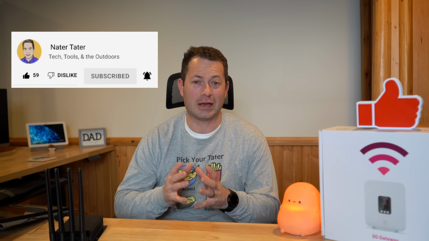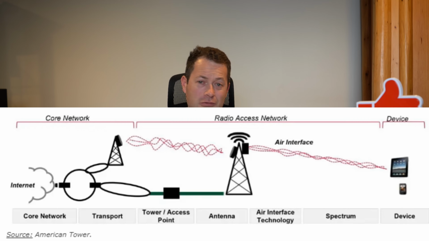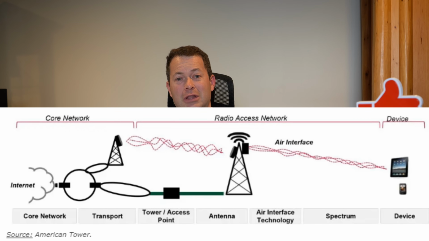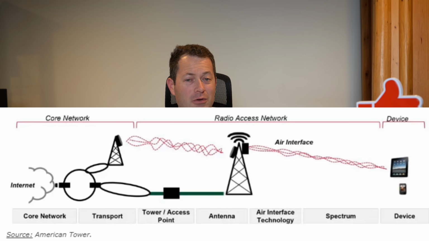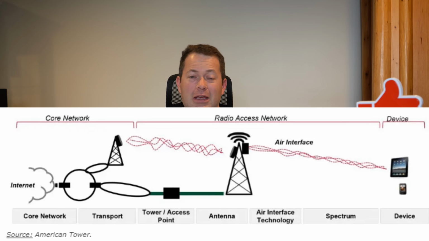So if you really look at the cellular networks, there is the 5G core, or there's the core side, and then there's the RAN side, or the radio area network, which is kind of broken up really between everything from the tower back to the internet is the core side, and everything from the tower to your device is really the RAN side.